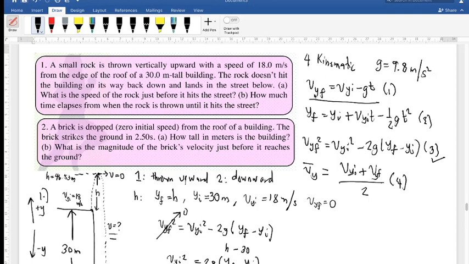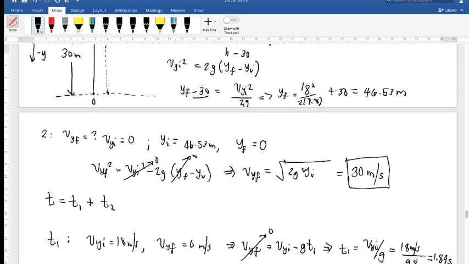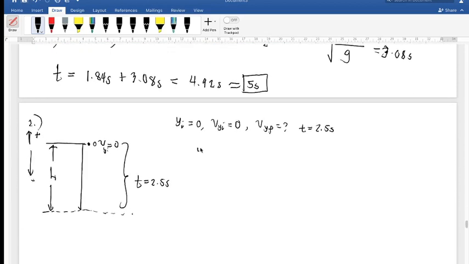So wala tayong vyf, so we will not use equation 1, but we can use equation 2 kasi walang vyf. Okay, so we have here yf is equal to yi plus vyi t plus minus 1 half, minus 1 half yan ha, gt square.